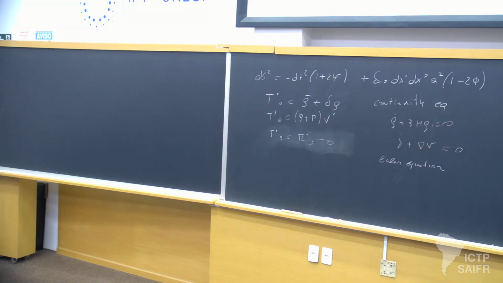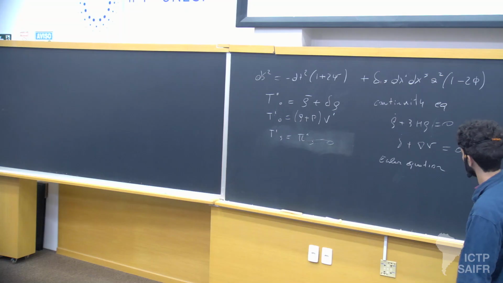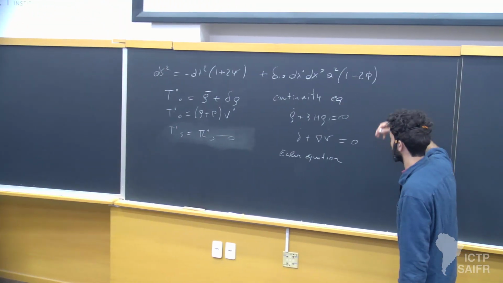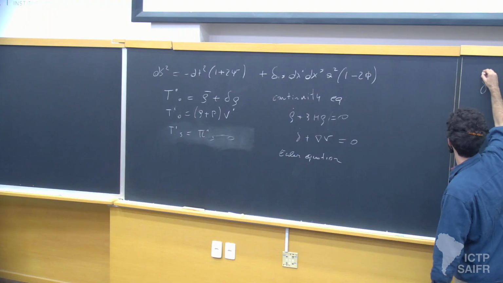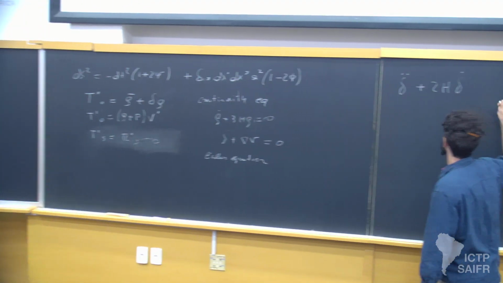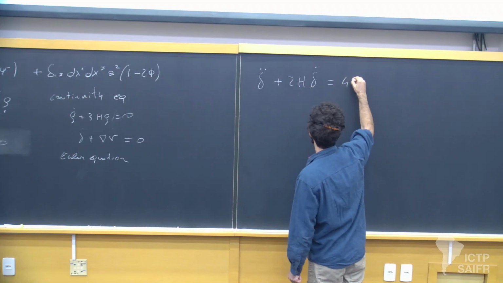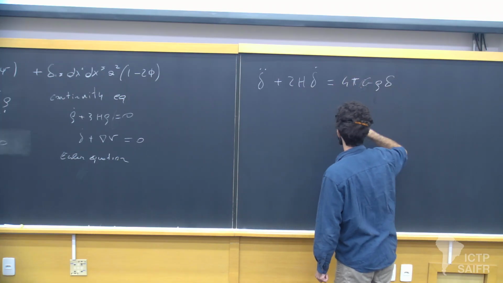Okay, why am I saying all of this? Because to understand the process of structure formation, we combine the continuity equation and the Euler equation to obtain an equation which is remarkably simple: delta double dot plus 2H delta dot equals 4 pi G rho delta.